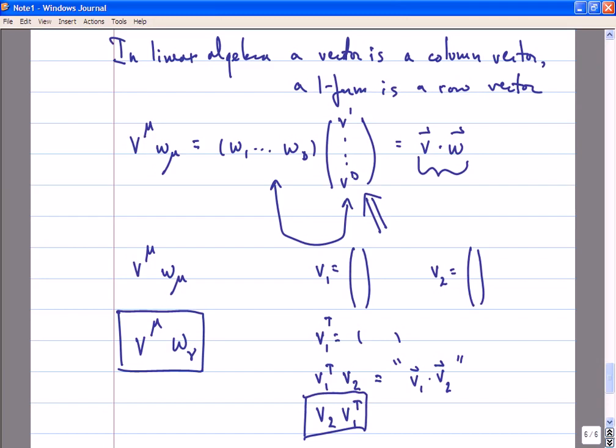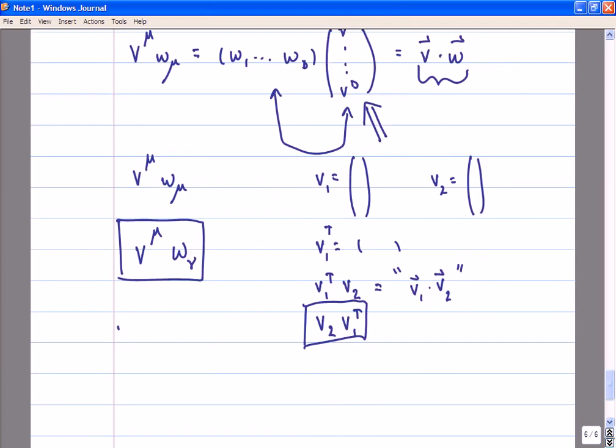Often it's very useful to write down formulas only involving the index-free notation. So I'll often just write down something involving v. So for example, here's a great question. If v is a vector, and if u is another vector, I can define these two differential operators, and those two differential operators don't commute, so I can define the commutator of those two differential operators, which is another differential operator.